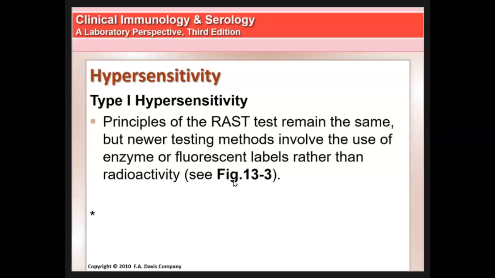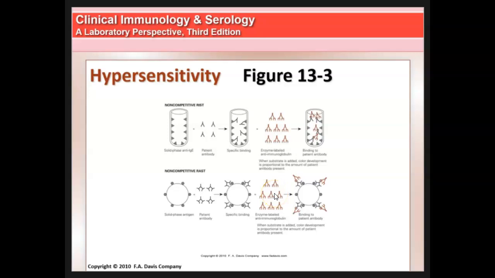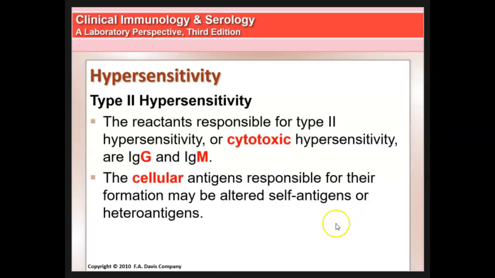All right, the principles of the test are not so important right here, although there is a diagram. So remember, RIST measures total IgE. It could be competitive or non-competitive. RAST measures antigen-specific IgE, and it is non-competitive. All right, now we're going to move on to type 2.